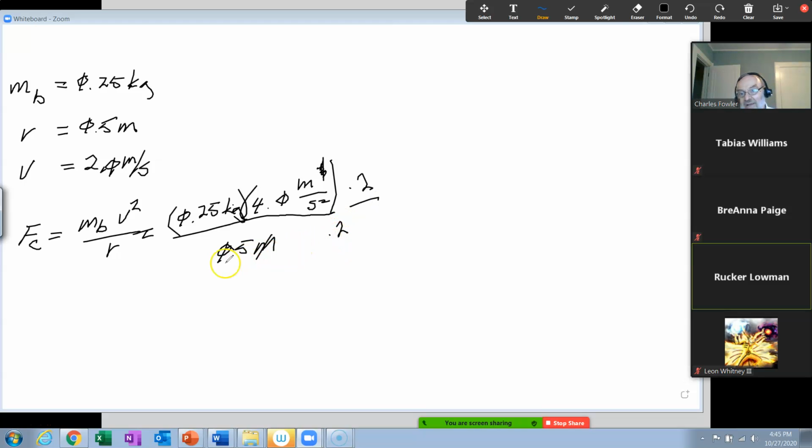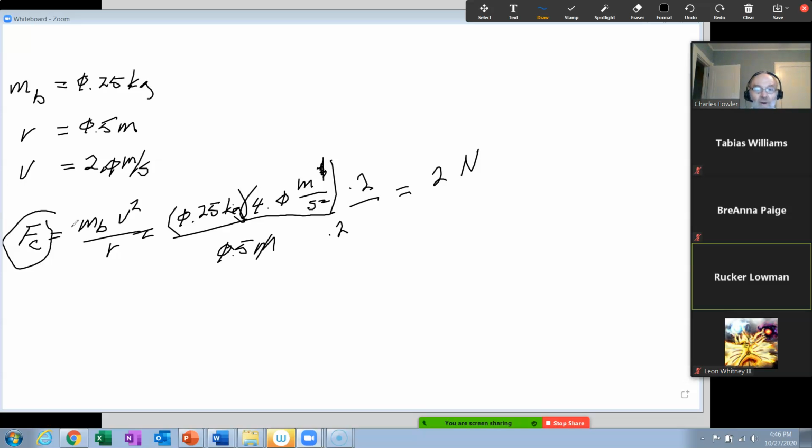That's legal. 2 times 0.5 is going to be 1. So your denominator becomes 1, and when you multiply this, 2 times 4 is 8, and 1/4 of 8 is 2 newtons. Kilogram meter per second squared, that's a newton. A great unit for force. 2 newtons. And that's exactly what they got.